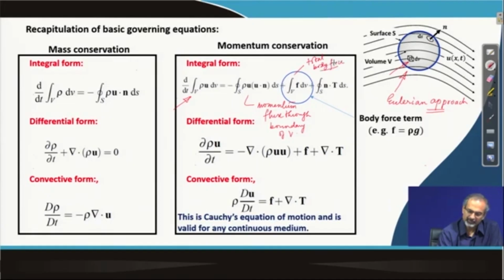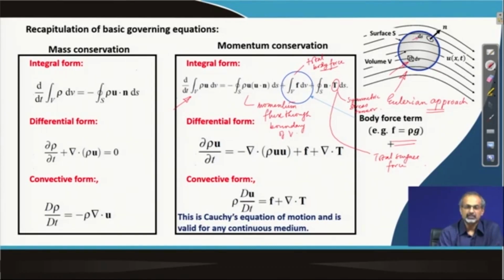Very often if we have gravitational force applicable for heavier fluids, we would indicate it through the body force term, and then comes the total surface force term. And that of course involves the symmetric stress tensor. That dot product essentially indicates the force on the surface element dS.